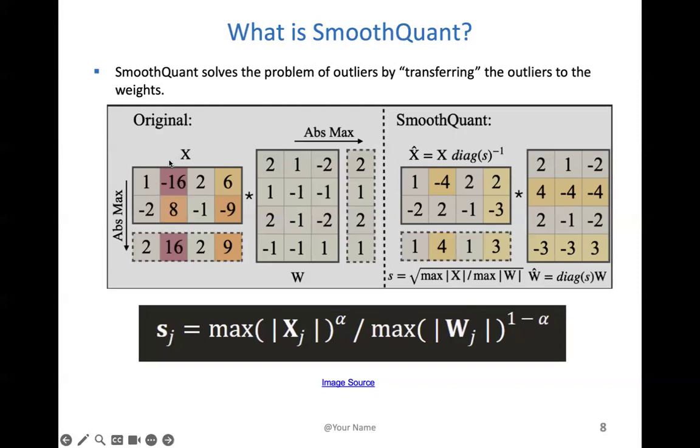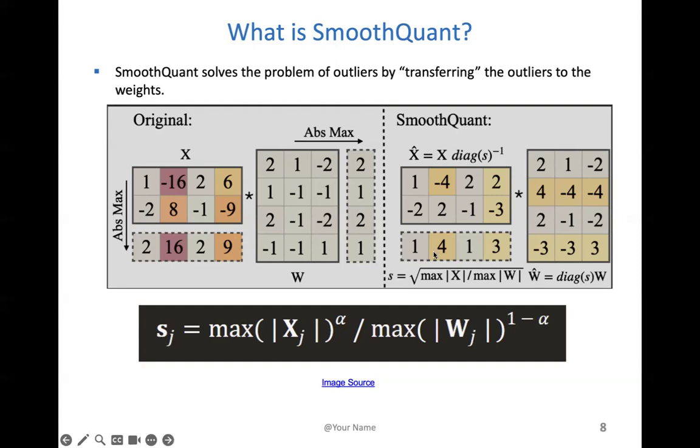X here stands for the activation tensor, and we take the absolute max value of each column of it. So here we have, for example, 1, minus 2, and then we take the 2 out of here. For the weight tensor, we take the maximum of each row. So, for example, here we have 2, 1, minus 2, and we get the 2.